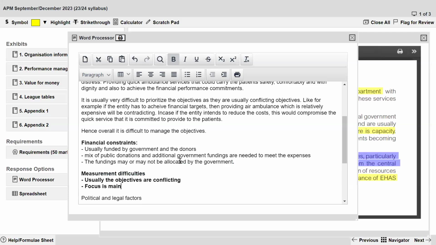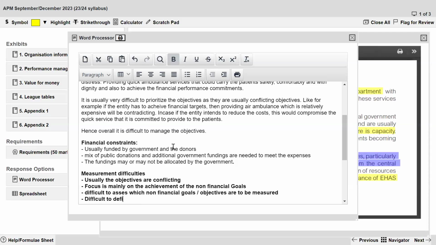Focus is mainly on the achievement of the non-financial goals. Difficult to assess which non-financial goals or objectives are to be measured.